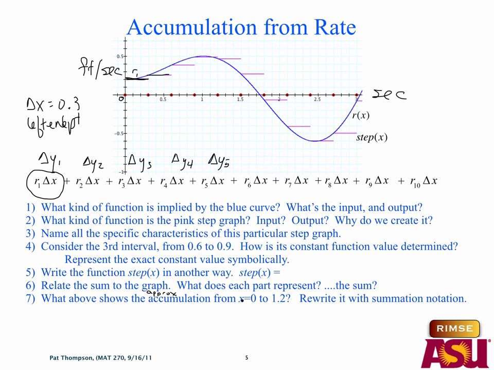Okay, so now we're moving forward. If we want to talk about from x equals 0 to 1.2, then I would want the little bit of change in distance here, plus this change in distance, plus this change in distance, plus the change in distance from here, right? So I'd want the first 4 terms. How would I write that using summation notation?